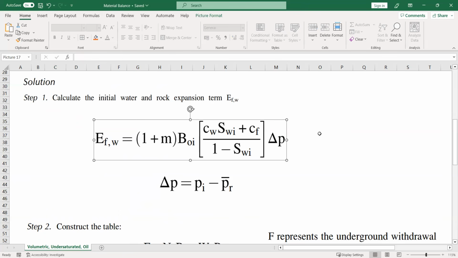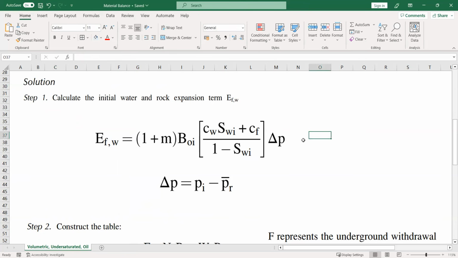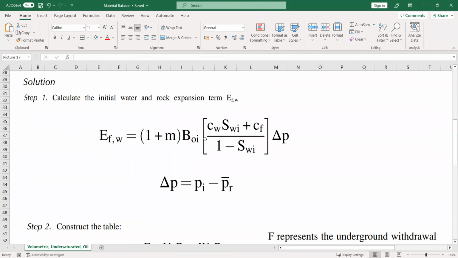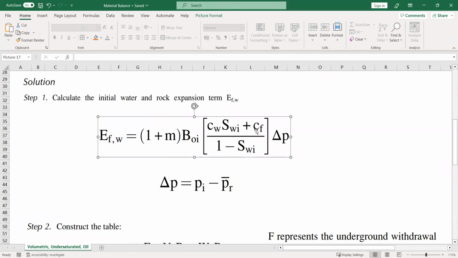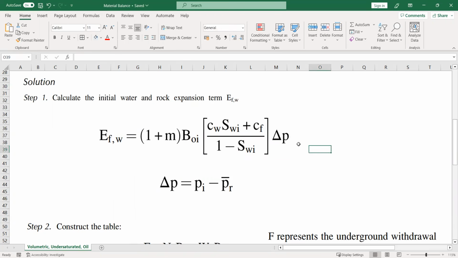Long story short, based on the material balance formula, you rearrange here and there, you get this Efw: (1 plus m) Boi, and then something here multiplied by delta pressure. But we don't have any gas cap, so we can cross out the m here. And then we also need to calculate the delta pressure, which is the initial pressure minus the average reservoir pressure in time.